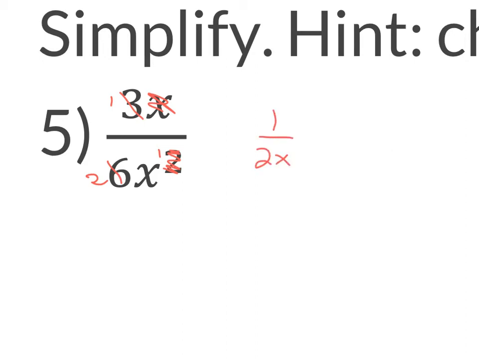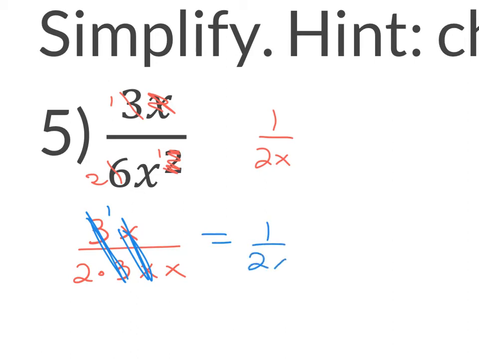If you prefer to factor it, the 3 times x would stay, and then the next one, I'd factor the 6 into 2 times 3, and the x squared into x times x, and then I would look for things to simplify. That would simplify, simplify, and now that leaves behind a 1 and 1 over 2x. Either way, that's how you can simplify.